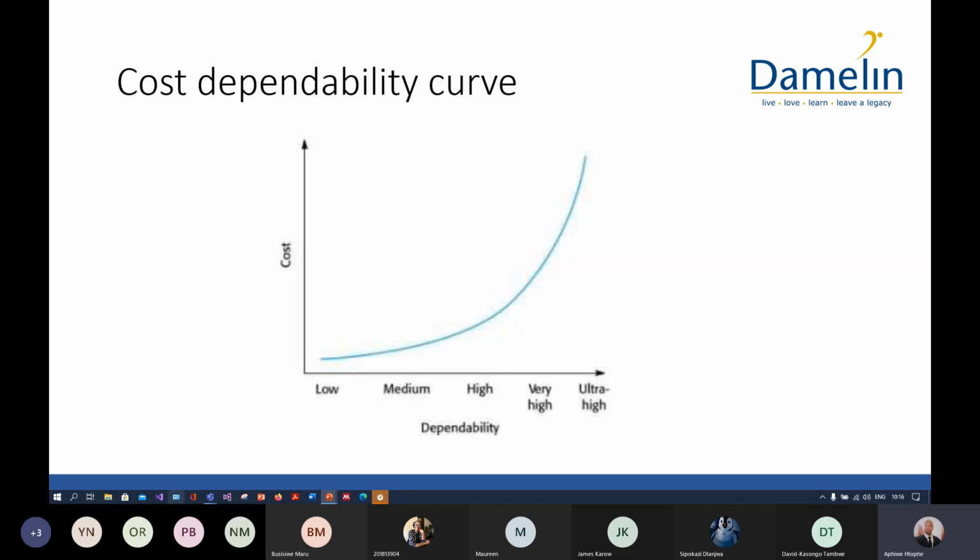So we find that systems with ultra high level of dependability are the most expensive. We find these in maybe military grade systems, aviation systems, banking systems that control ATMs, systems that control the lift, and so forth. You need high dependability there because people's lives are at stake.